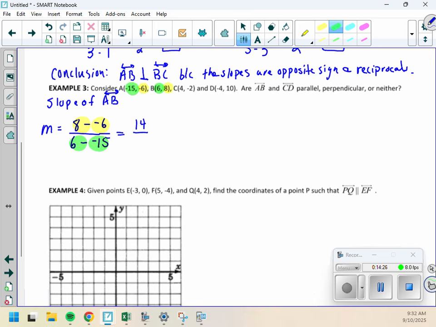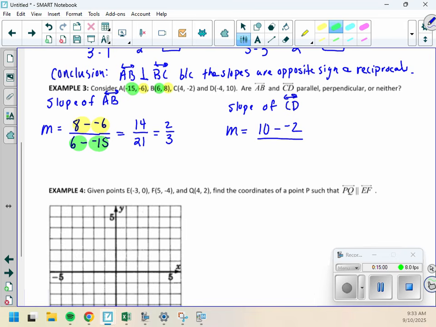Now let's do the slope of CD. M equals, okay, now we're going to do C and D. We'll do the y's on top first. 10 minus negative 2 goes on top. And then the bottom are the change in x's. Negative 4 minus 4. Let me show you the matchup again. 10 minus negative 2. Order does matter. You have to go in the proper order.